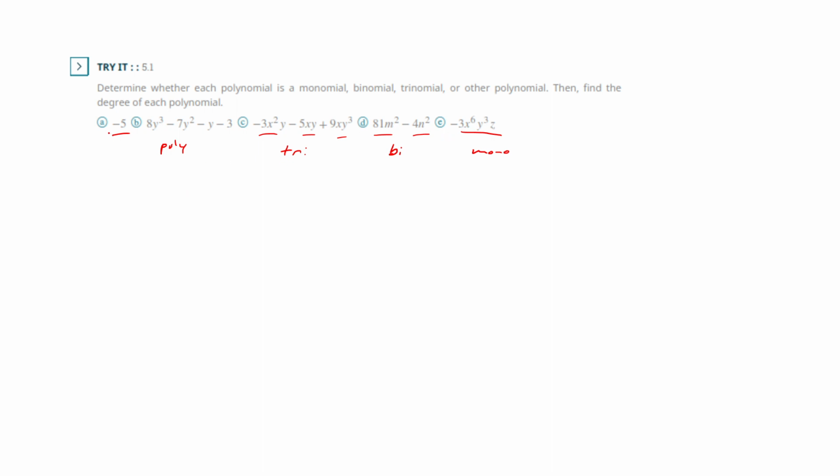Now let's go through and do the degrees. If you have a constant, it's a degree of 0. Now the highest exponent here is 3. So the degree of this is 3. Now this is tricky where there's several variables in one group. We have to add them up. This is 2, this is 3. So 2x squared plus y, it's like it's got a 1 there, so that's 3.